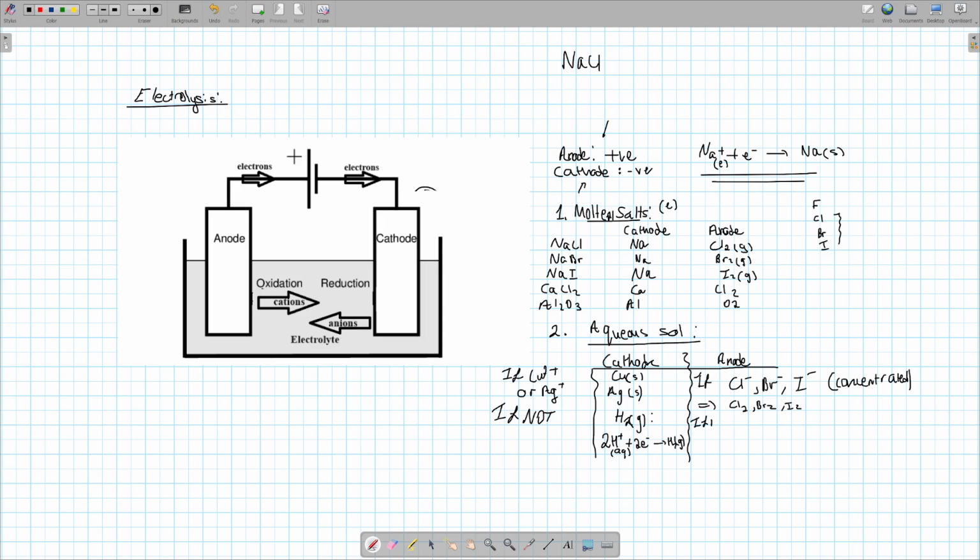If not, even if there's Cl, Br, and I but it's dilute, not concentrated, what do you get? Oxygen gas. How do you get oxygen gas? It's 4OH minus to produce O2, 2H2O, plus 4e minus. What's the reaction? I think it's 4OH minus. Yeah, it's this.